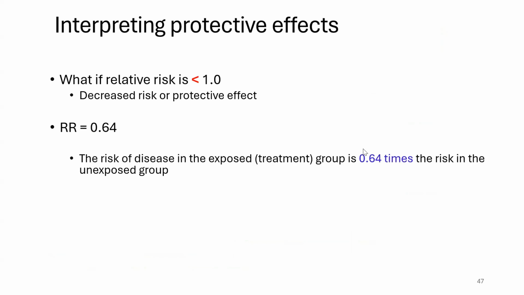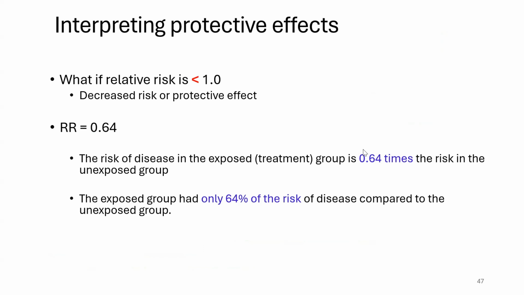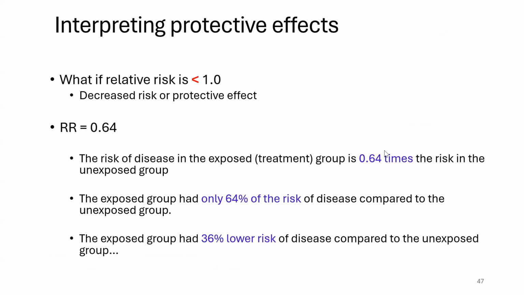So how do we interpret protective effects? Because they're not necessarily the same thing when the value of your ratio is below 1 compared to when it is above 1. So we know it's a protective effect, but how might you interpret a relative risk of 0.64? It's really hard to understand or wrap your head around what that would mean if I were to say the risk of disease is 0.64 times the risk of the unexposed group.